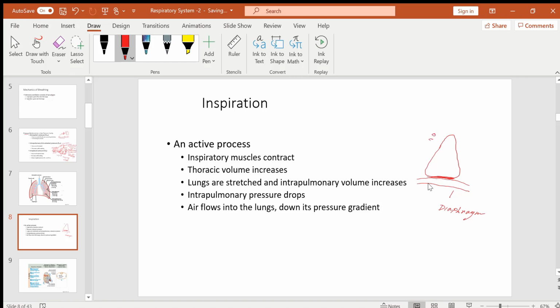So these are the ribs and intercostal muscles in between the ribs. Costal means ribs and intercostal means in between the ribs.